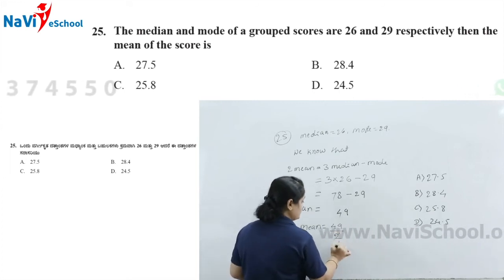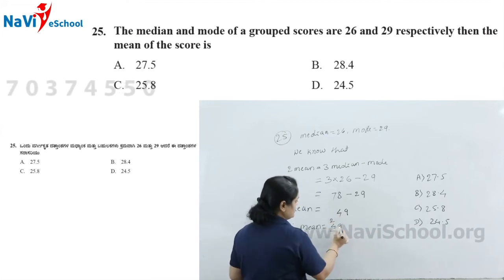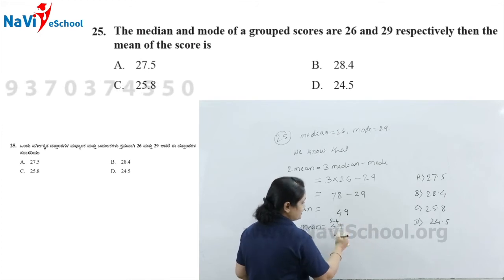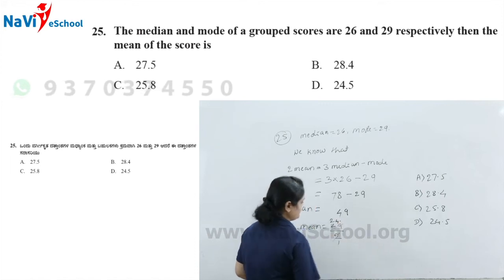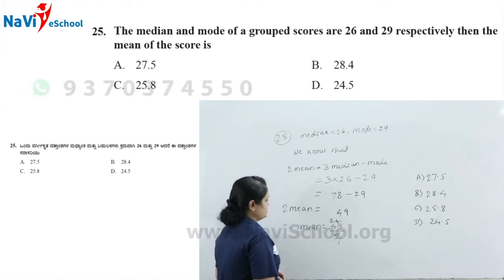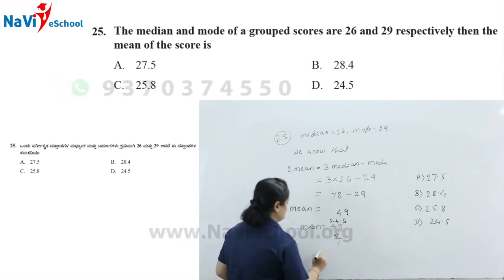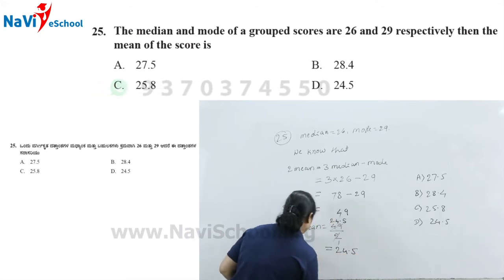It means 2 ones are 2, 2 twos are 4, then 2 fours are 8. 1 has remained over there. Then take a point, it will become 10. So 2 5s are 10. Here mean is 24.5.